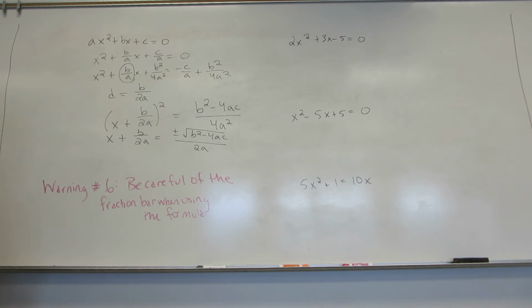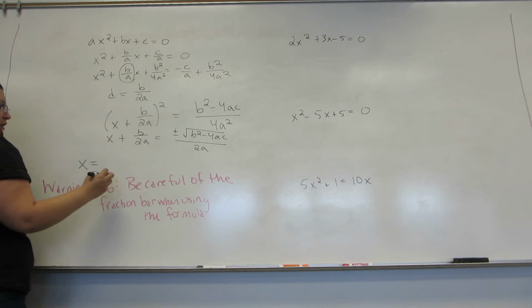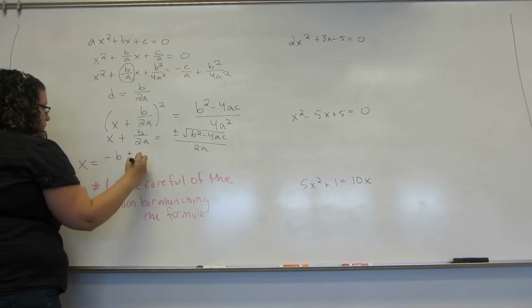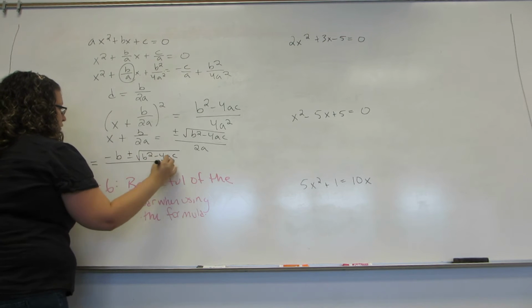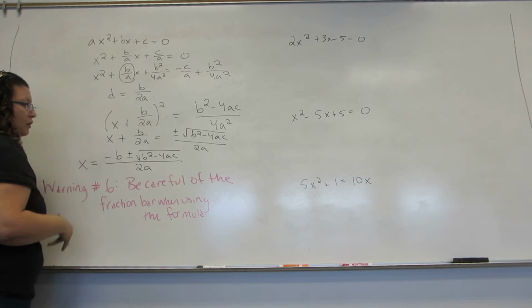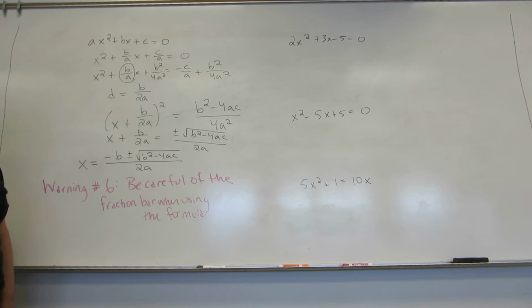And then I'm finally going to be able to get the actual formula, which is that if you have a perfectly generic quadratic, the x that solves it is minus b plus or minus the square root of b squared minus 4ac all over 2a. And you notice, all we did was complete the square.